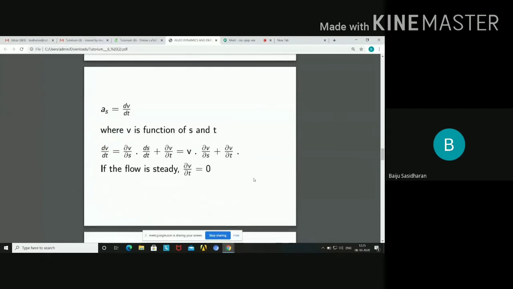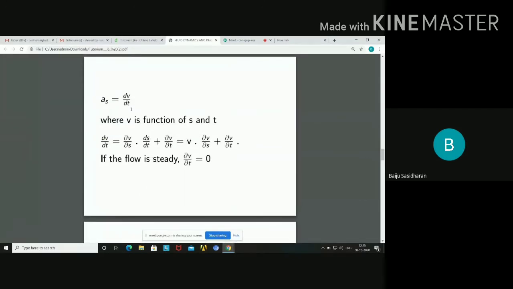You see, acceleration as is dv by dt, and this v is a function of s and t, space and time. Therefore, dv by dt, using the chain rule of differentiation that we already studied, is dou v by dou s into ds by dt plus the partial derivative dou v by dou t.